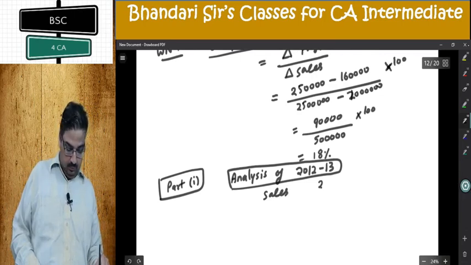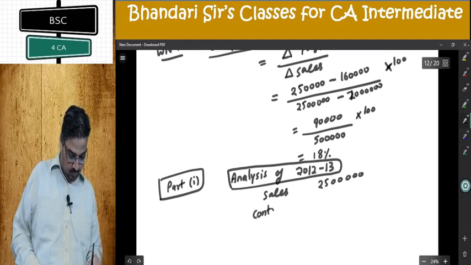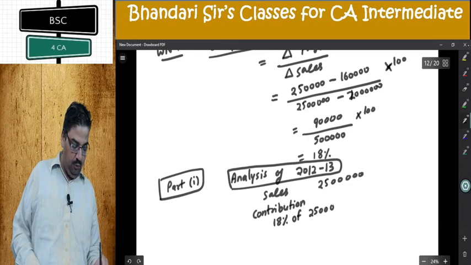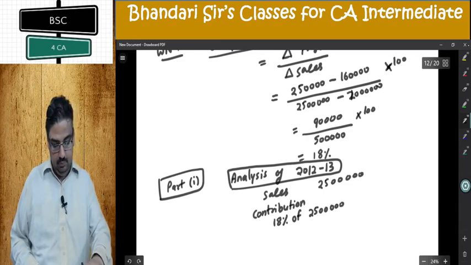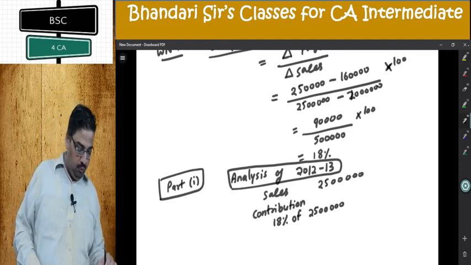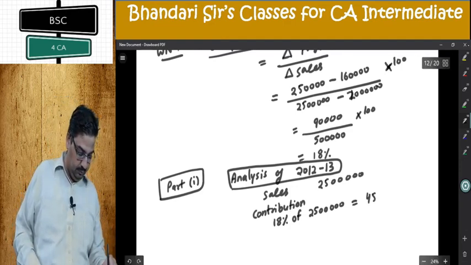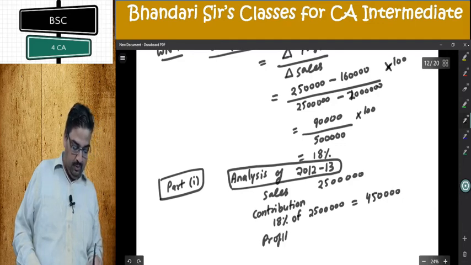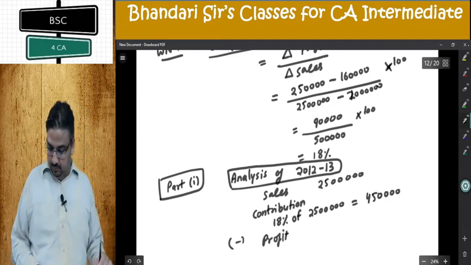Sales 25 lakh. Contribution, 18% of 25 lakh. It comes to 4,50,000. Minus profit given there.